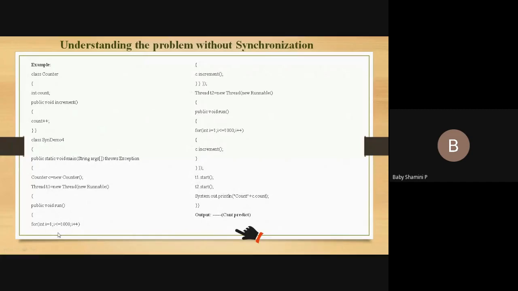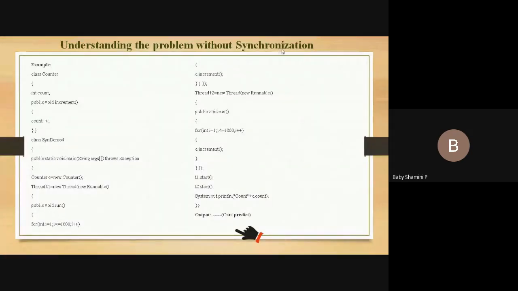Inside we have a run method, where I am going to perform a count operation. First it increments the count up to 1000. That is our procedure. So at the end it stores count as 1000.